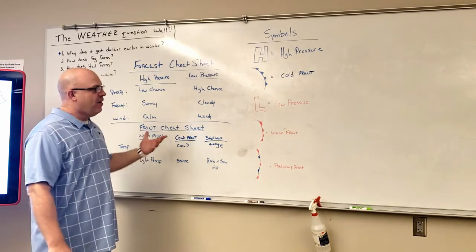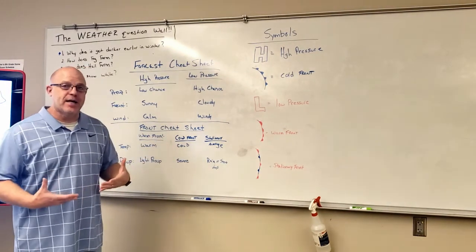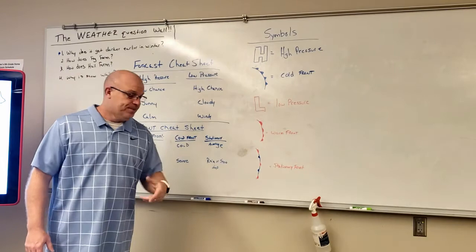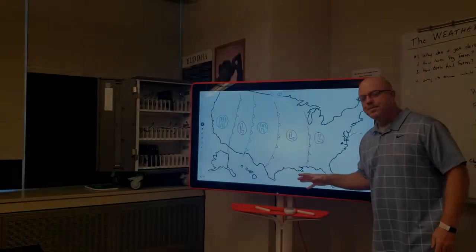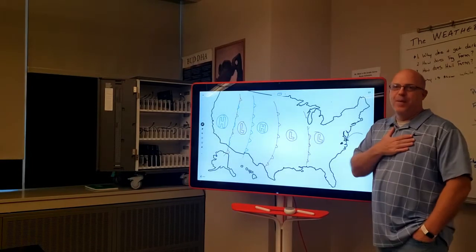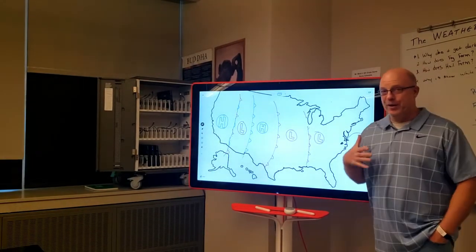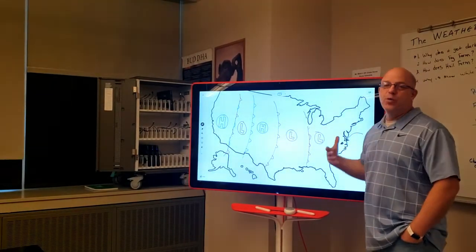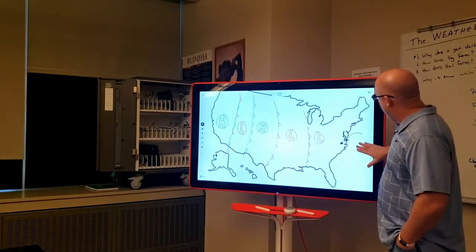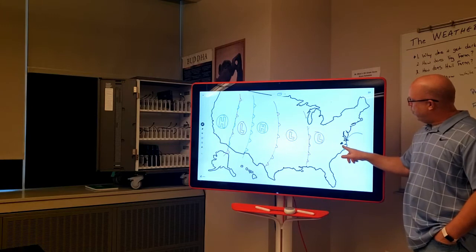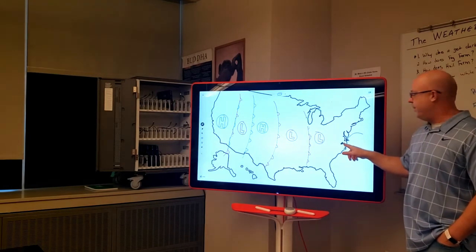Now I bring this all up because there is a process for predicting weather, and we're going to talk about that in a second. When I look at this map, this is a simple map that I drew. It's not very realistic, but it will help you with the first time going through predicting weather. The goal here is we're going to try and predict the weather for Washington, D.C., and I'm basically guessing here.